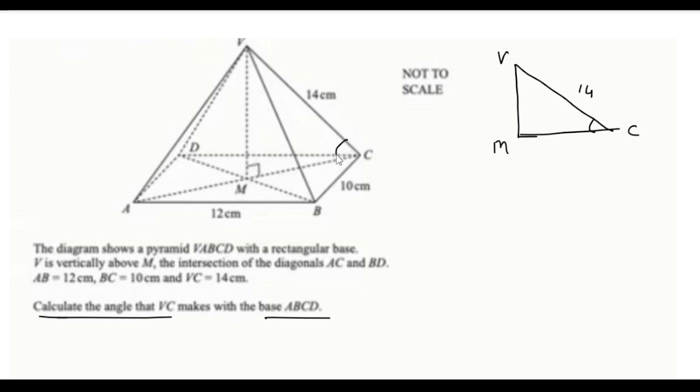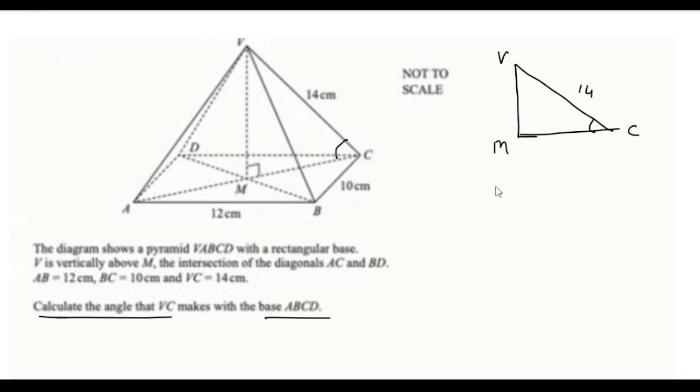If you imagine it in your room, you can picture what angle it makes with the base. The angle which VC makes with the diagonal is the angle VC makes with the base ABCD.